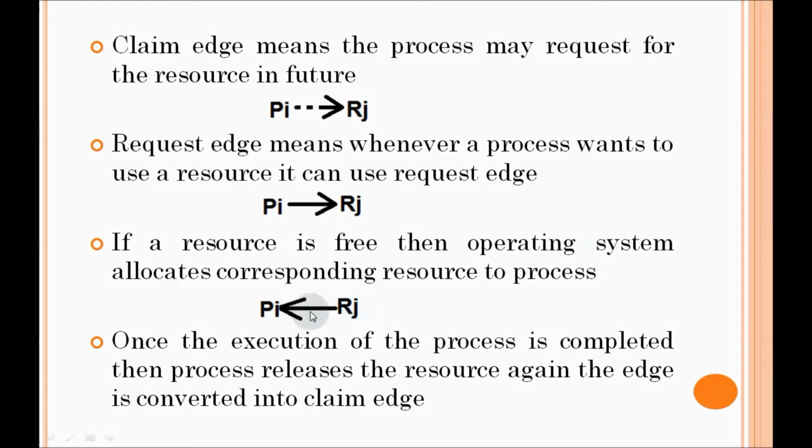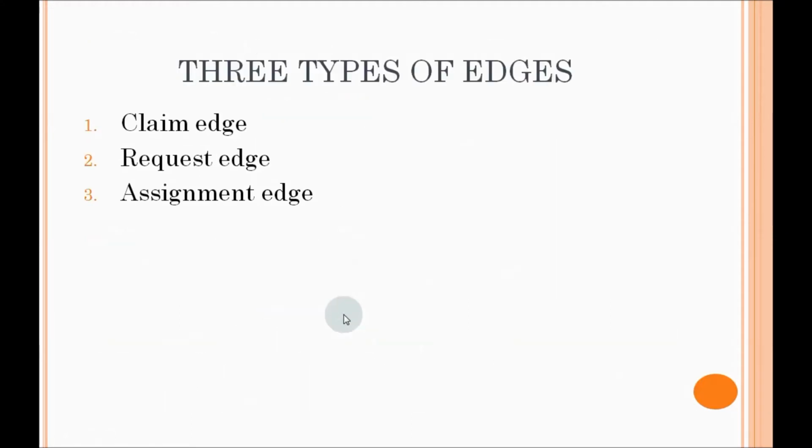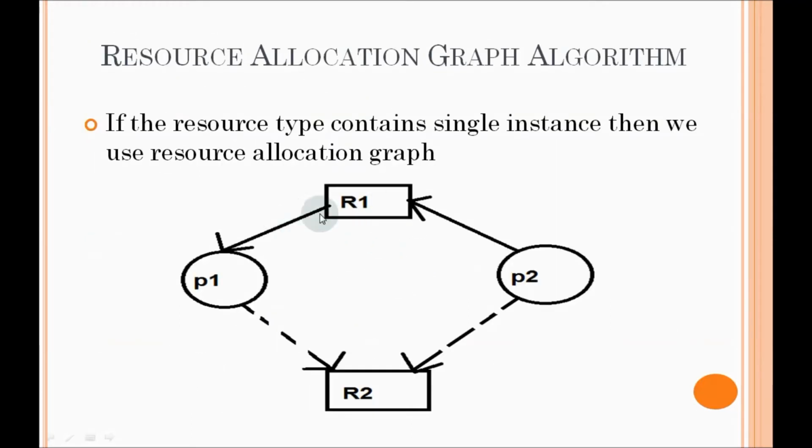You can see here, this is the assignment edge. R1 is assigned to process P1. So if a resource is free, then it can allocate that resource to the particular process. Here R1 is free, that's why it allocated R1 to the process P1.